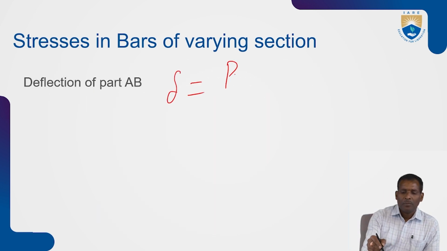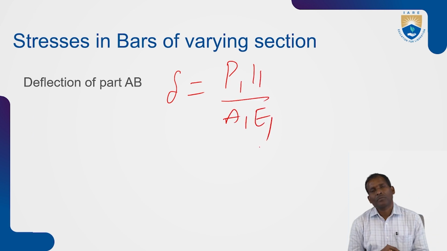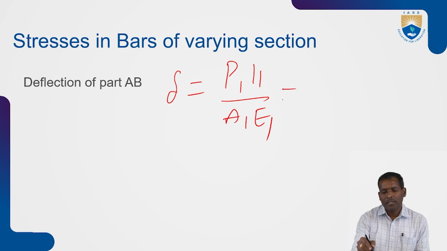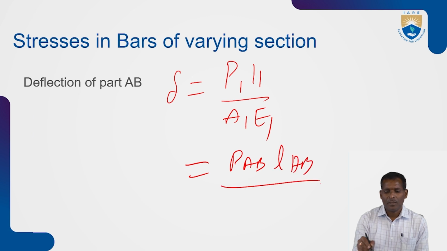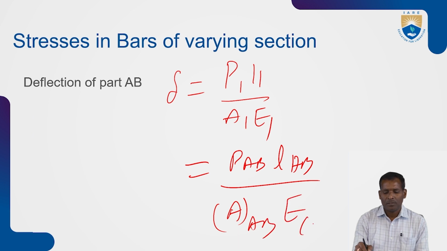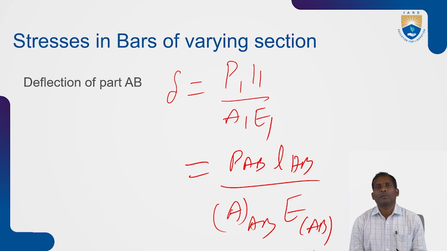Delta equals P1L1 by A1E1. So what is the load here? That is P_AB into the length of AB, divided by the area of AB into the modulus of elasticity of the AB rod.